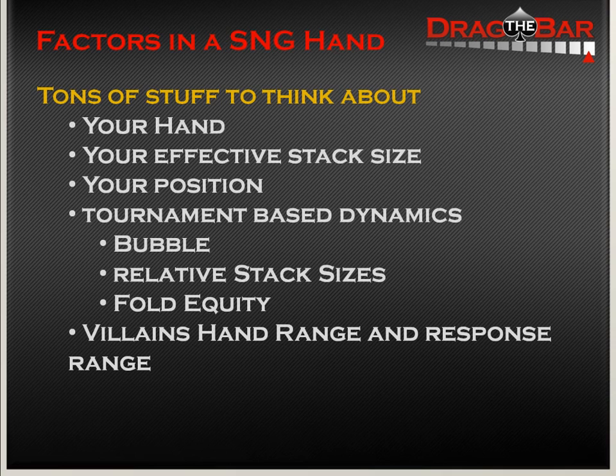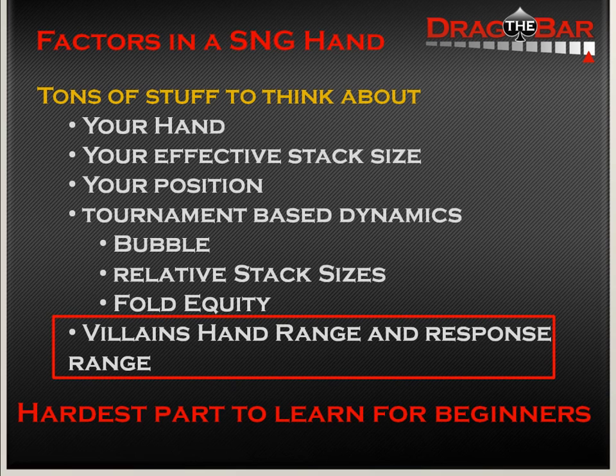The last and most difficult concept for most beginning players is, what is our villain's hand range, and how do we adjust our hand range to respond to it? Now, this is the most challenging thing, because this is the part that beginners don't really get. First of all, they don't really understand how they themselves should be playing in all situations.